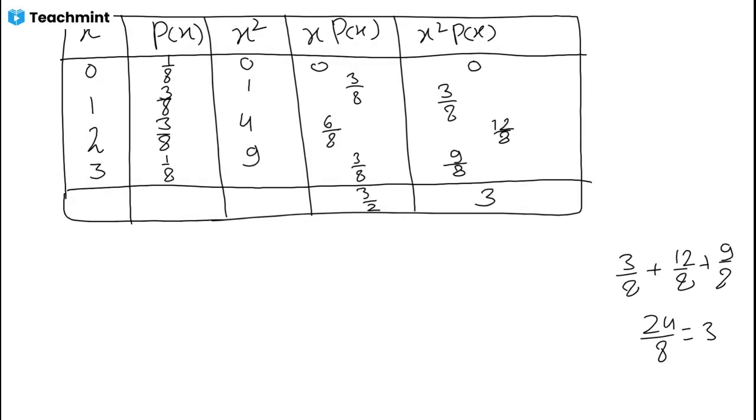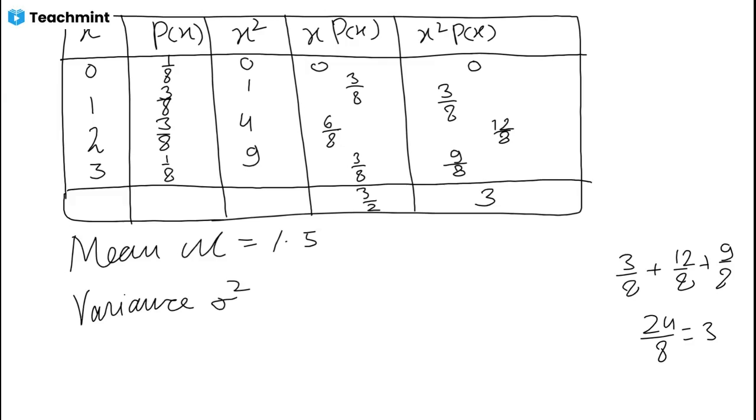So now let us find variance, because the mean mu is equal to 1.5. We have already found the expected value. Variance sigma square is equal to summation x square into p(x) minus summation x p(x) whole square.